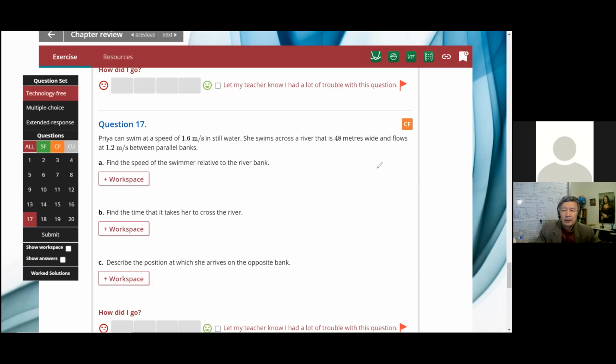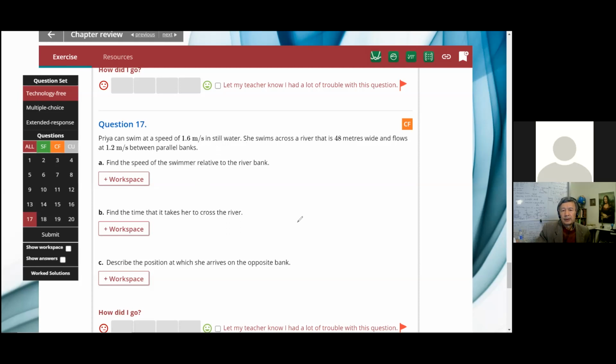You can draw the diagram. Still water velocity implies that it is relative to water. So you can consider this velocity as the swimmer relative to water.